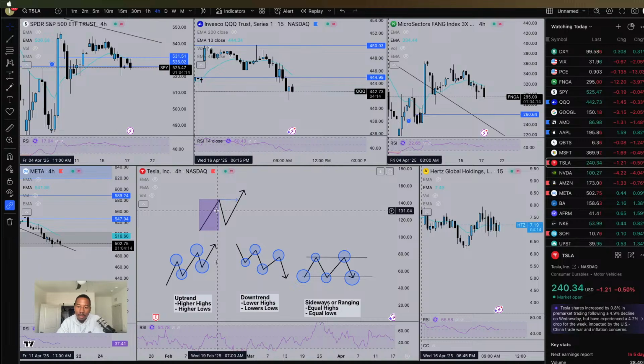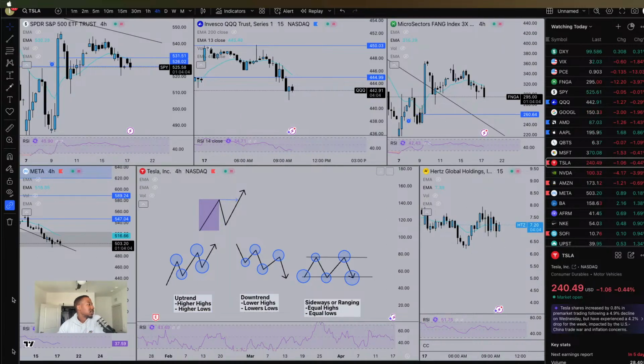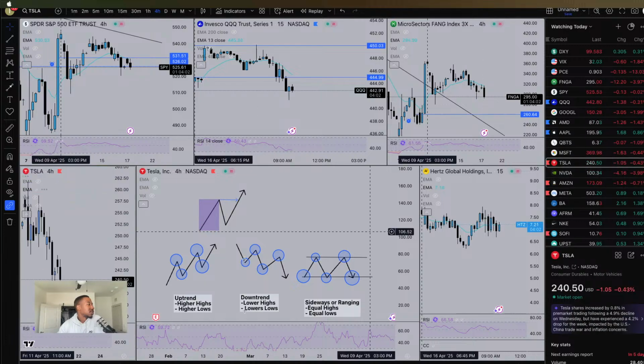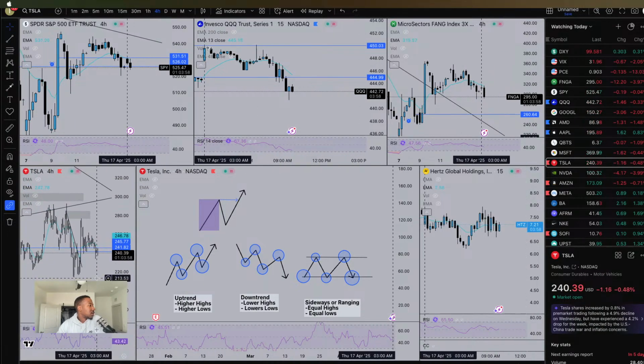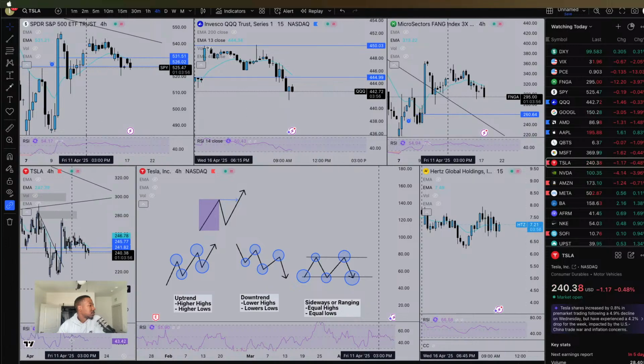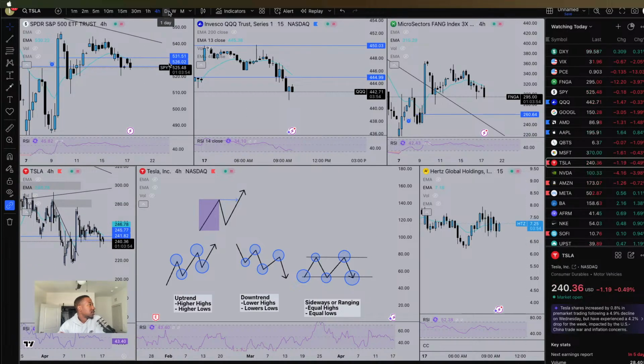All right, let's see. Hold up. Cool. I got 900K ready to put toward Tesla when it gets to 180. Let me take a quick look. Tesla. Honestly, if Tesla pulls back there, that's probably a good long term buy.